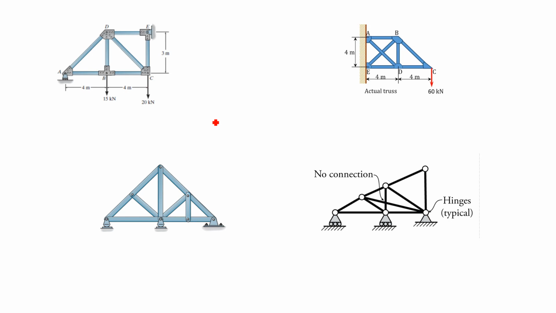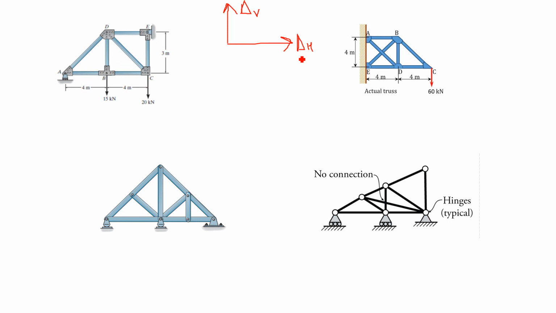Every joint of the truss is subjected to 2 dki, 2 kinematic unknowns at each joint, and that is horizontal displacement or vertical displacement, delta H or delta V. There are 2 types of joint displacements possible at any joint of the truss: horizontal displacement and vertical displacement. Depending on the supports, which displacement is allowed and which displacement is 0, that you have to count.